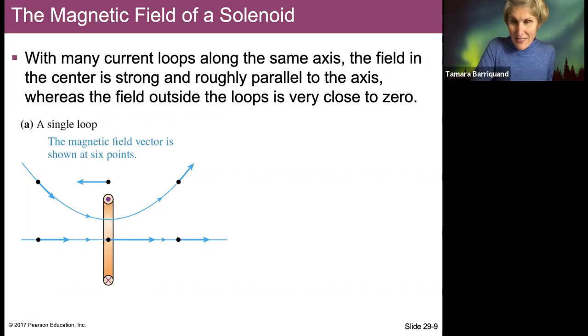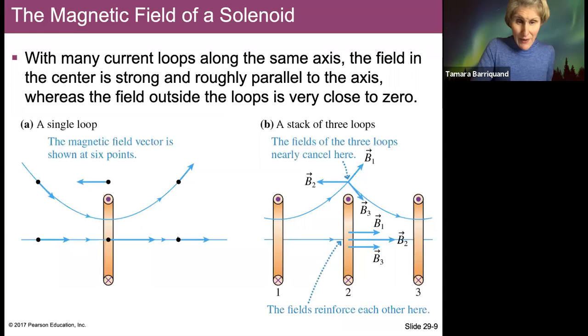Now, instead of just having a single loop, we have a stack of 3 loops. And here we can see that when we have those 3 loops, right at this point, the magnetic field will basically cancel.